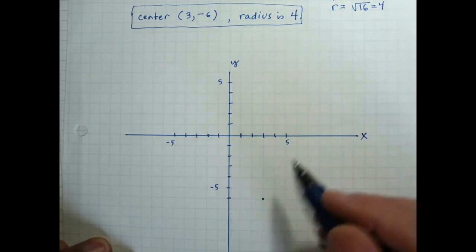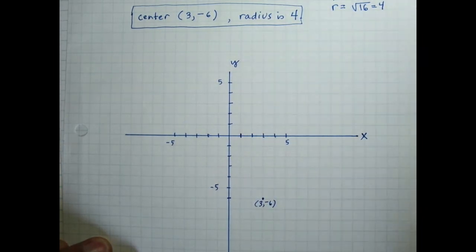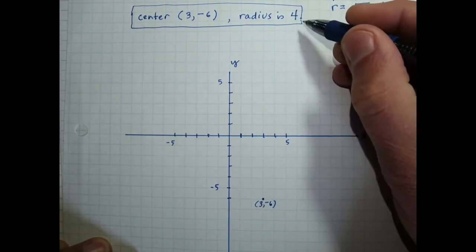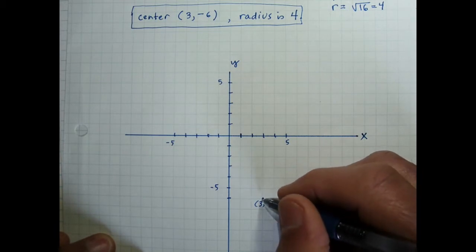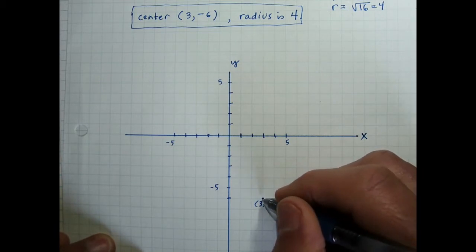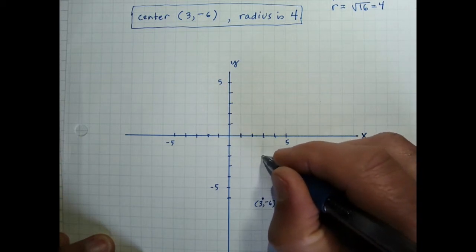We plotted the center, (3, −6). And since I know the radius is 4, I'm going to move away from that center in the vertical and horizontal directions. So watch this. I'm going to count 1, 2, 3, 4 up.